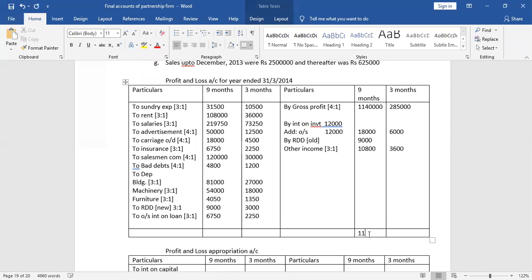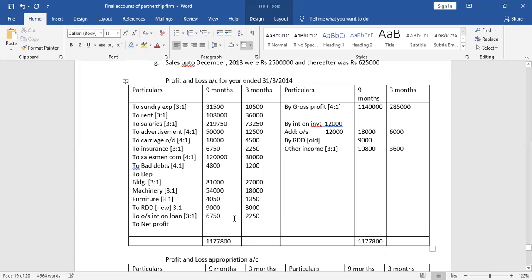How much you get? 11,77,800. इधर भी लिखेंगे 11,77,800 और यहाँ पे निकालेंगे to net profit. सो माइनस करो, सारे minus everything, how much you getting?